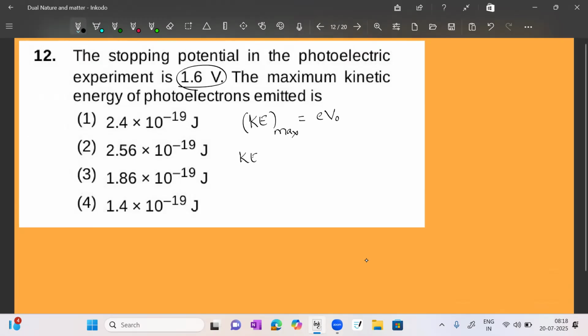So maximum kinetic energy equals the stopping potential 1.6 into 1.6 into 10 power minus 19. 16, 16s are 256. This is minus 19. So option 2 is the correct answer. Okay. Next one.